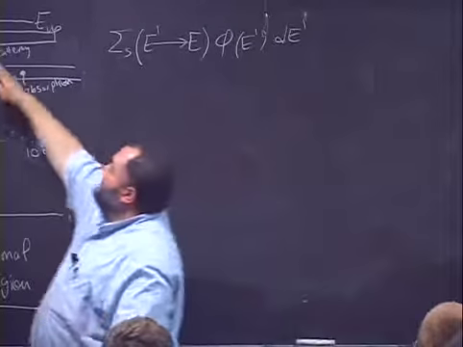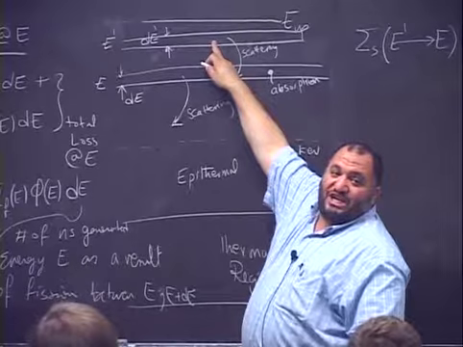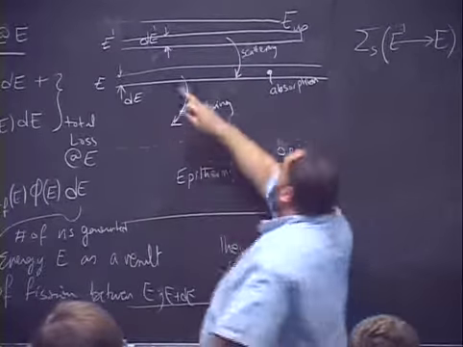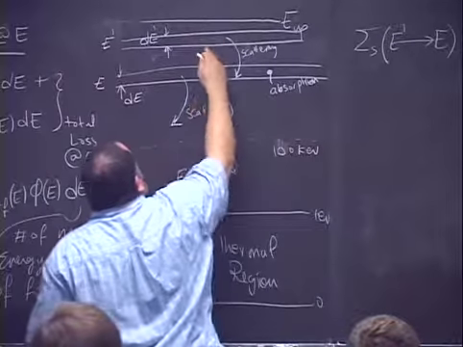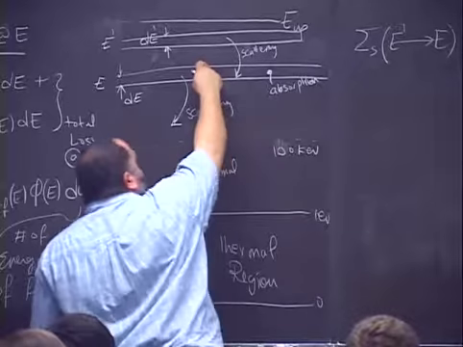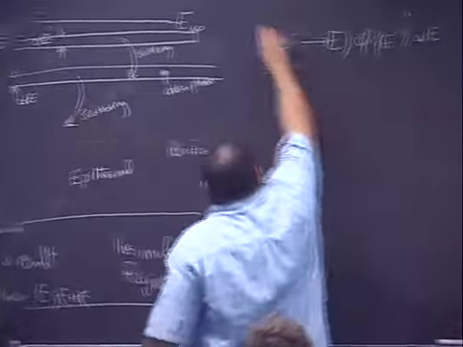This is just the one energy that come from energy E between E and delta E prime. But maybe E prime will be here, maybe E prime will be here, maybe E prime will be here, maybe E prime will be whatever. Yes? So I have to integrate. So I will integrate.